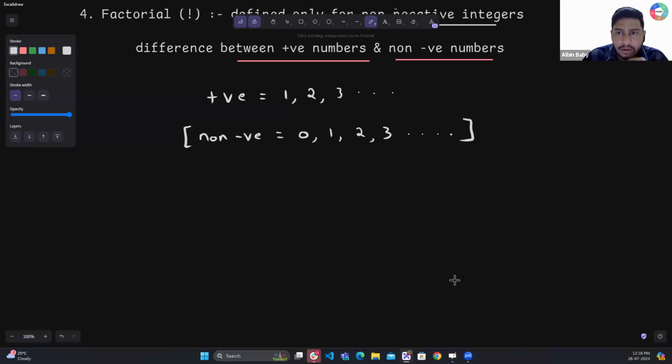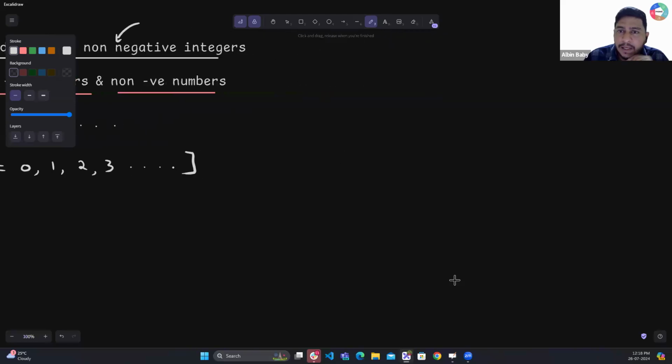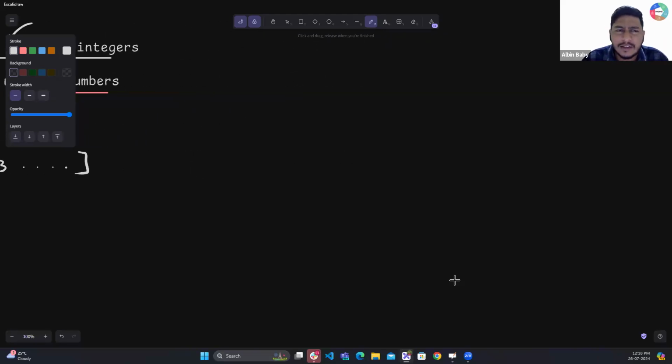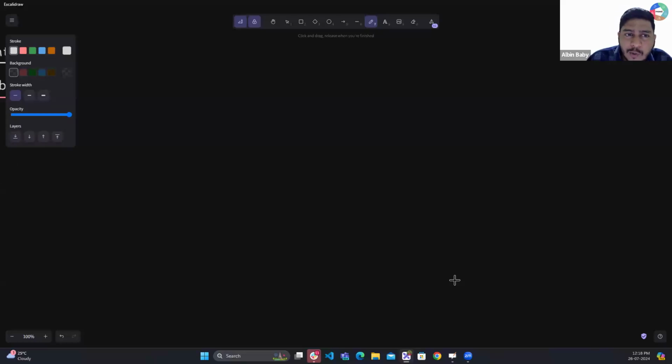You guys have already learned this in your schools. What is 0 factorial? That is 1. If I want to calculate further ahead, what will be 1 factorial? 1. What will be 2 factorial? 2 into 1. What will be 3 factorial?